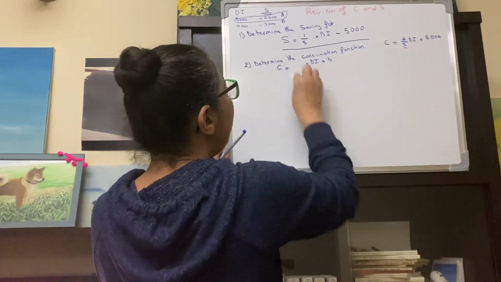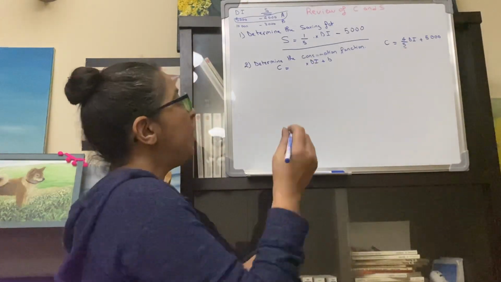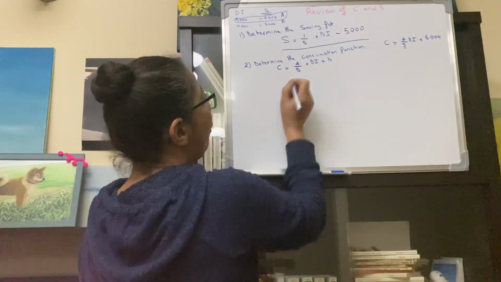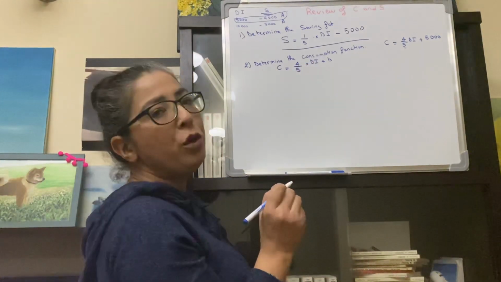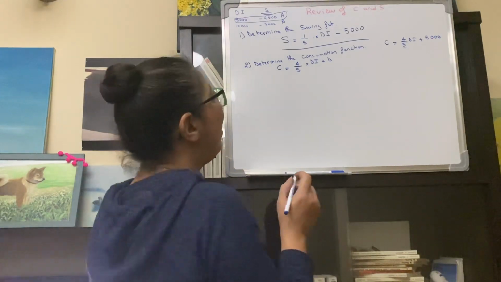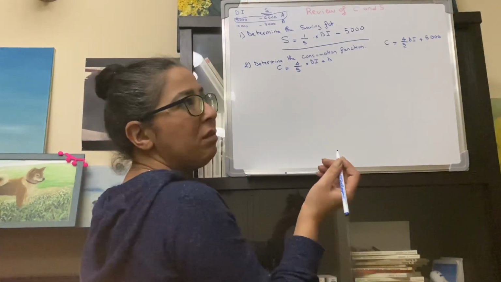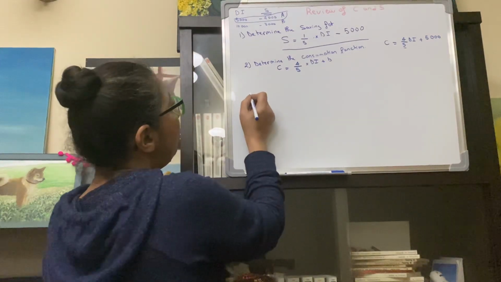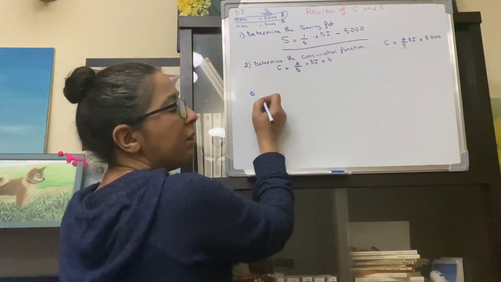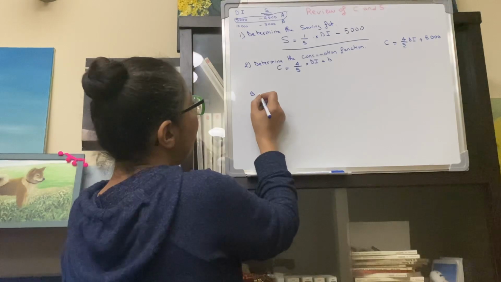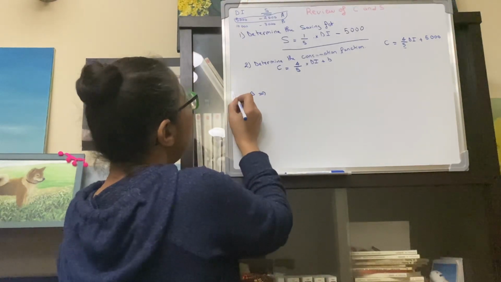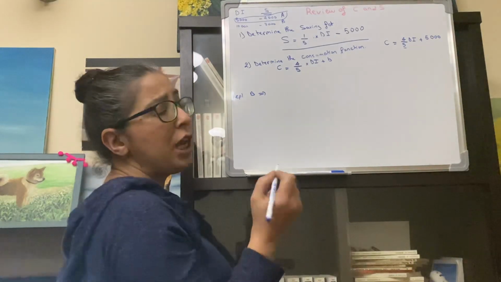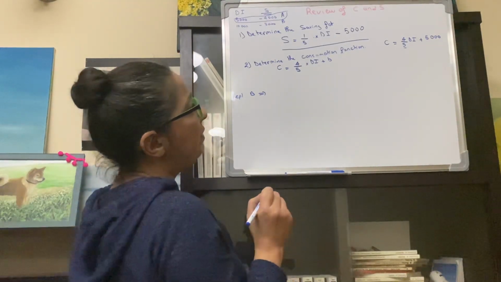So I will replace MPC by its value, which is 4/5. Oh, I need a point, but it's okay. I remember them. I'm going to take point B again. So now what I have to do is replace the values, of course, with a point. I'm going to use B. You can use whatever you want. It's exactly the same thing.